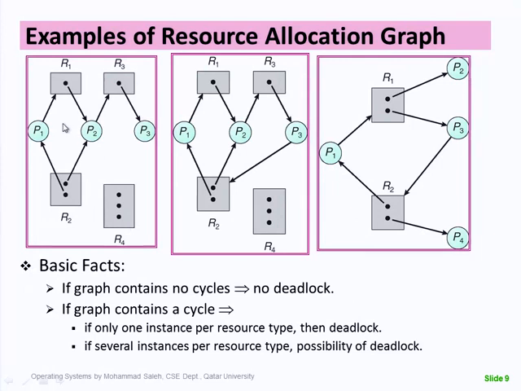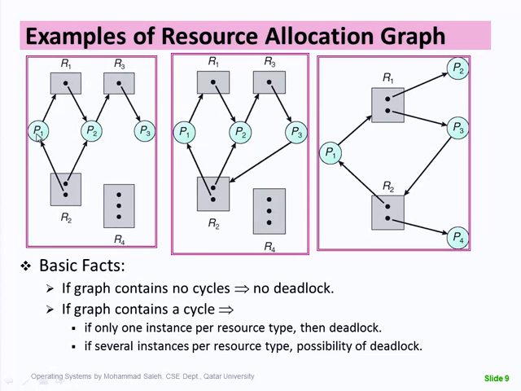I have 4 types of resources: R1, R2, R3, R4. I have 3 processes, right? I have P1 requesting a resource of R1, while currently it is assigned an R2 resource. So we can read it that way. Now, how will this help us decide whether the system has a deadlock situation or not?